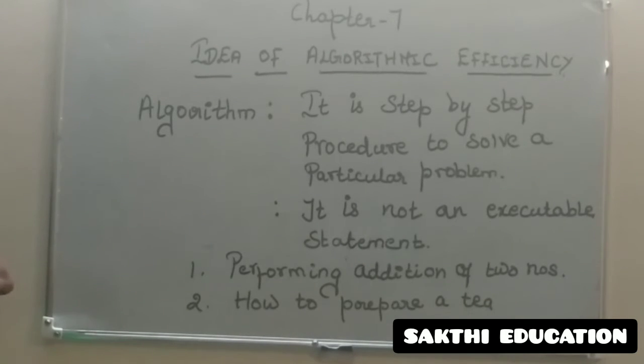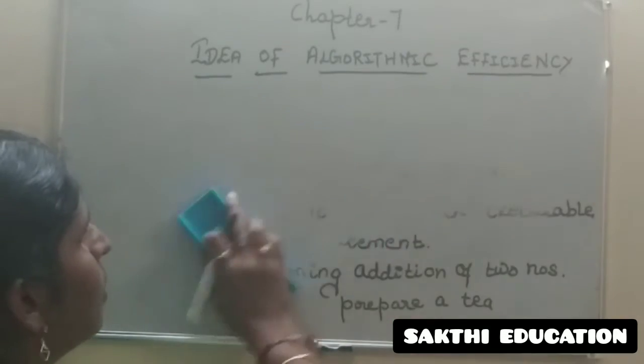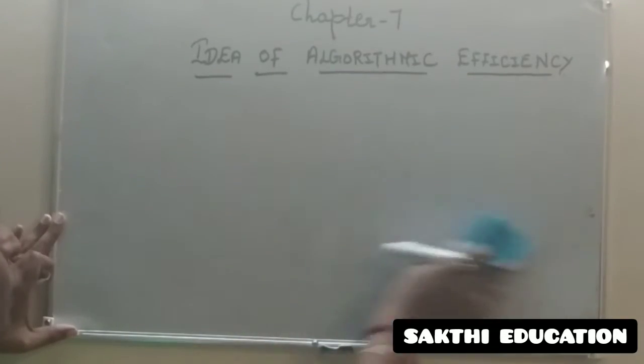I am going to write two algorithms. One is addition of two numbers, another one is preparation of tea. First we will take addition of two numbers.